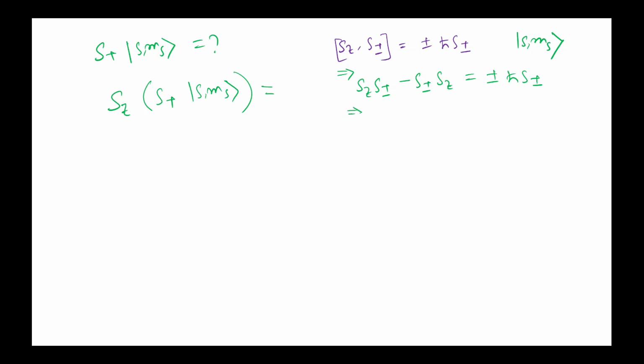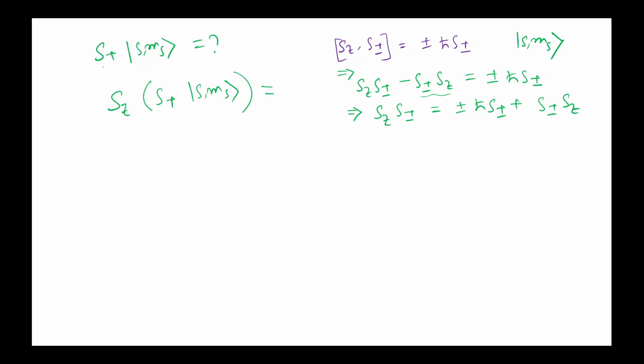And this you can write as Sz S plus minus is equal to plus minus ħ S plus minus, and this will go here, so you will have plus S plus minus Sz.